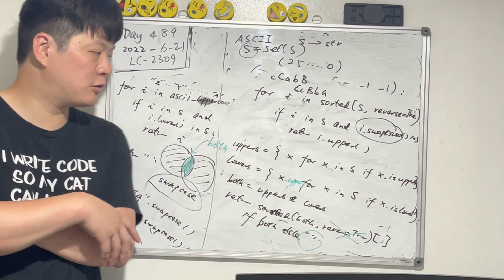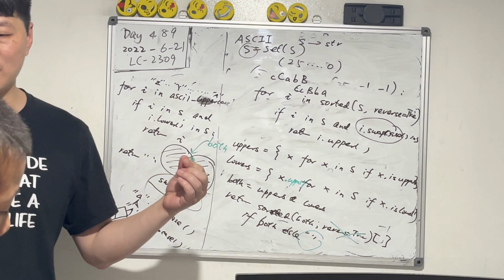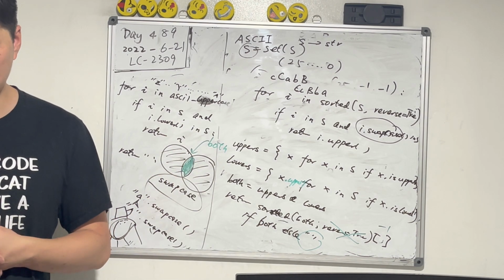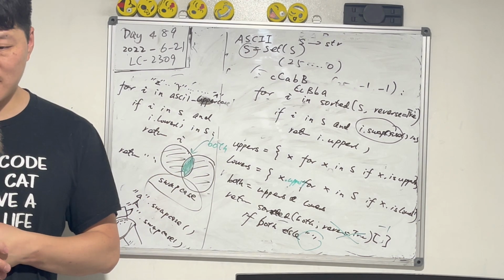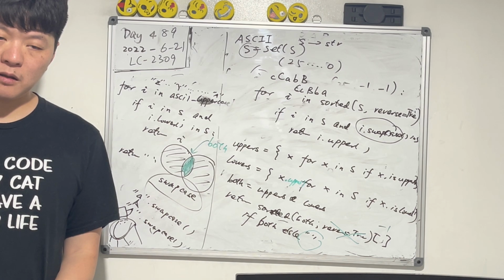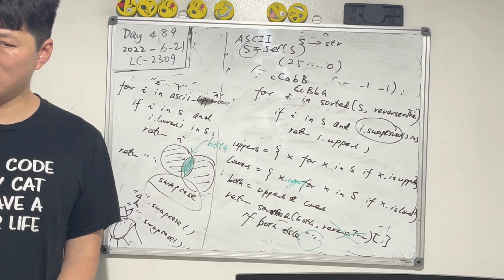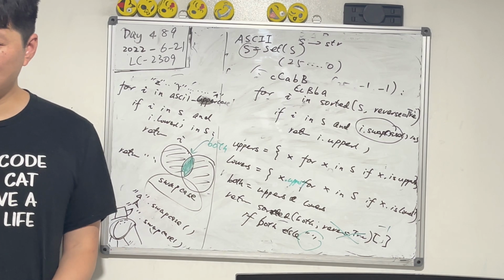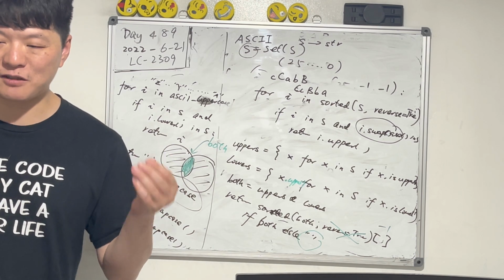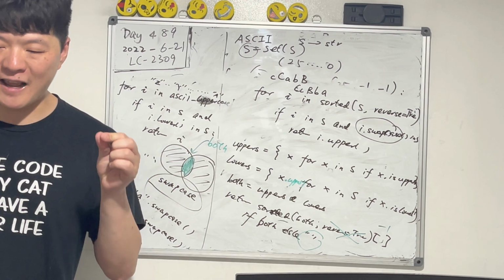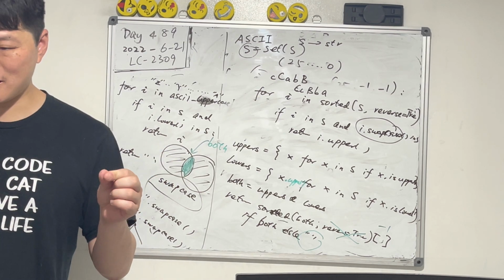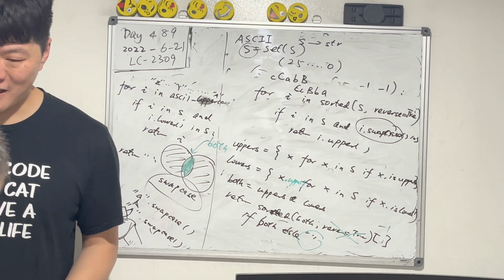If we check from Z to A, we don't need to sort the original letters. Sorting them from Z to A and checking if they are lowercase or capital, we find the first letter that appears in both cases and return it.